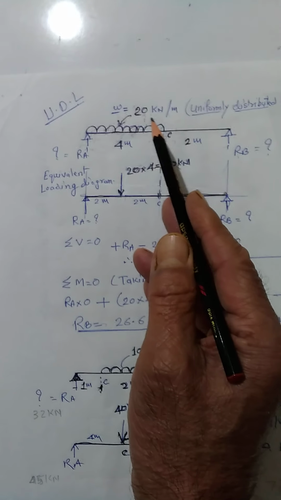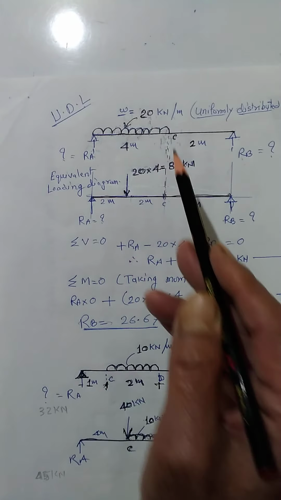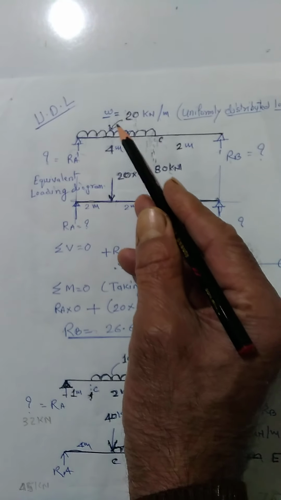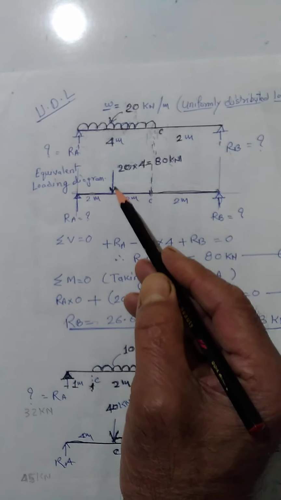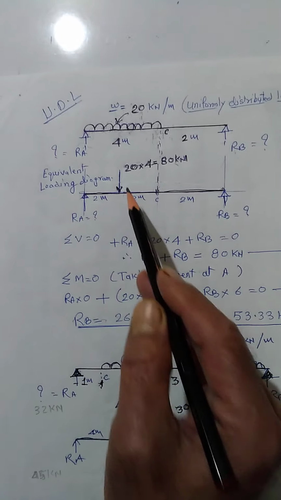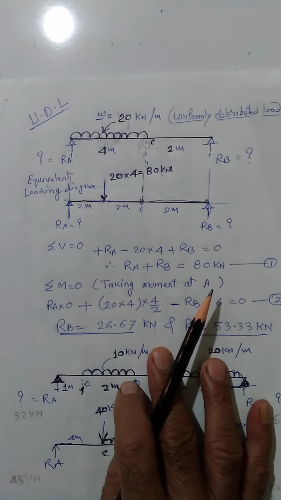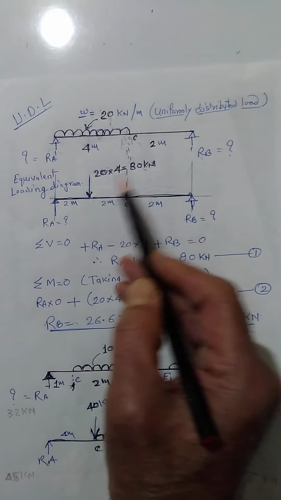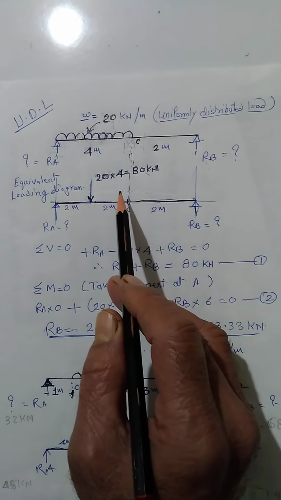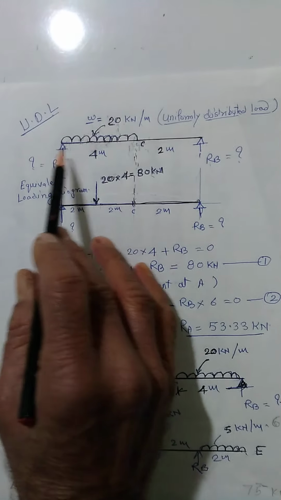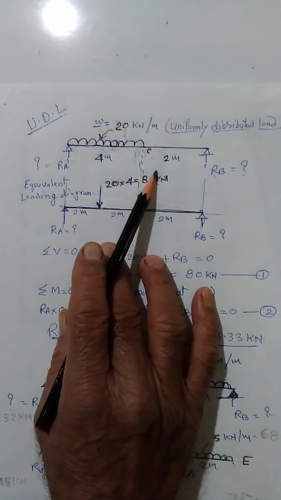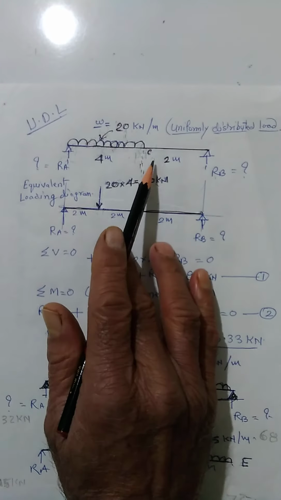The total load is 20 into 4, that is 80 kilonewton. And this 80 kilonewton load is acting at its center of gravity, that is over here, at a distance of 2 meters from here and 2 meters from C. So 80 kilonewton now will be a point load acting at half the distance, that is the CG of the total length of 4 meter over which the load has been provided.